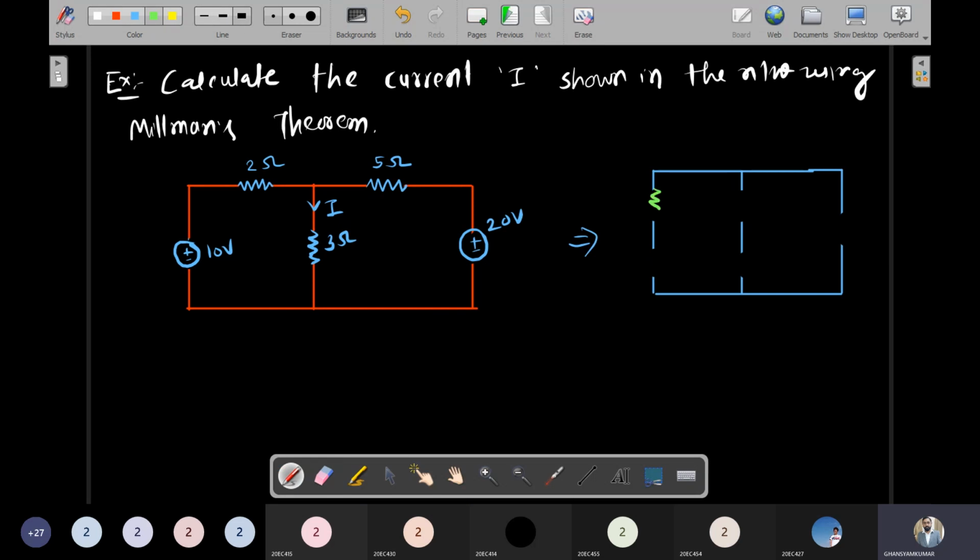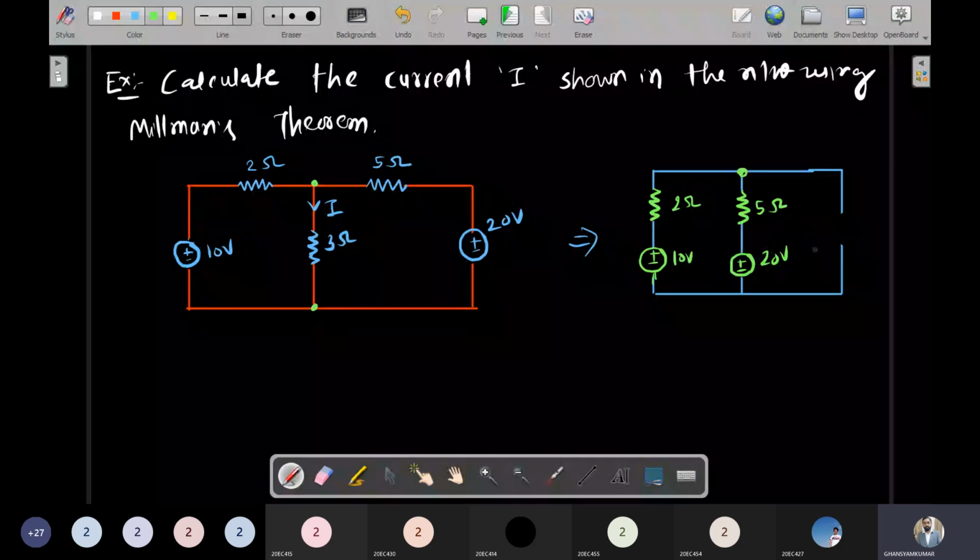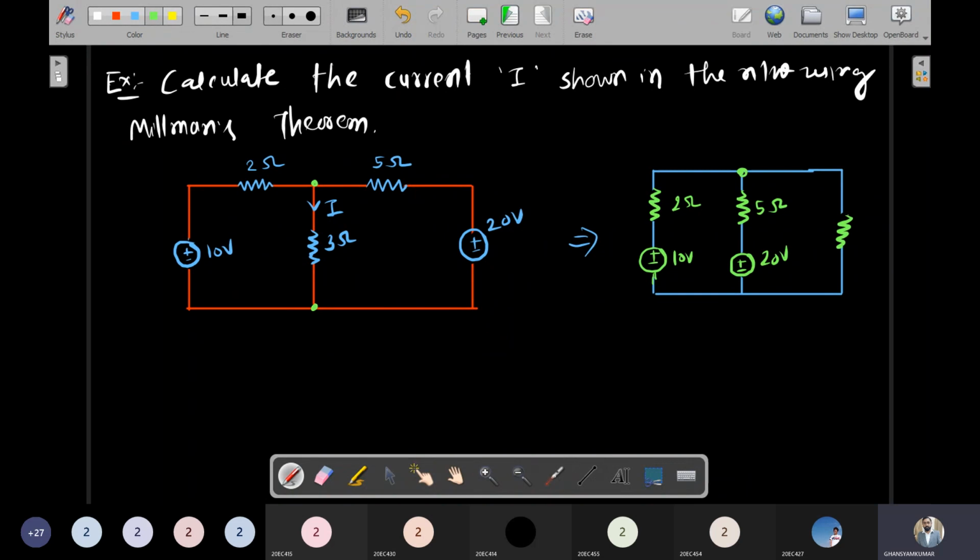This is a 2 ohm. I'm just simplifying and modifying this network for understanding only. The modification is not done like I have connected one branch to some other branch. It's 20 volt, this is a 5 ohm. From this junction, all three branches are in parallel. This is my 3 ohm resistor and the current flowing through it is I.